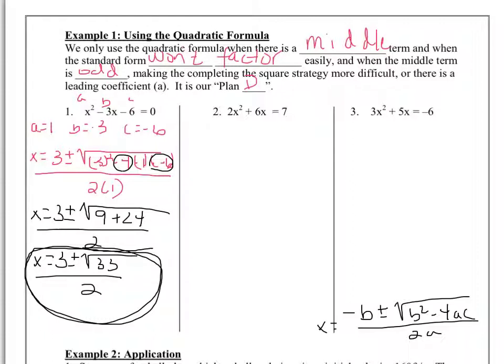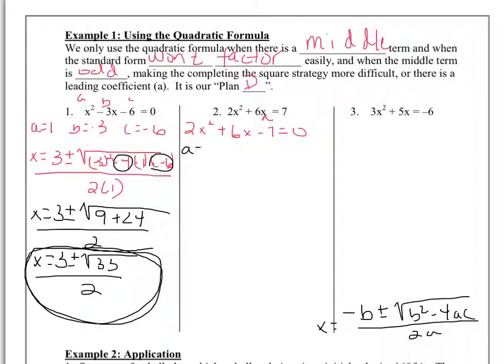Okay, let's go ahead and try number 2. So whenever we're using the quadratic formula, we want it to equal 0 first. Okay, so the first thing I'm going to do here is set my problem equal to 0. So if I subtract 7, it becomes 0. Now I can label my terms.